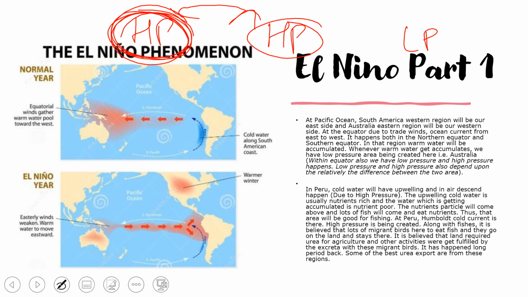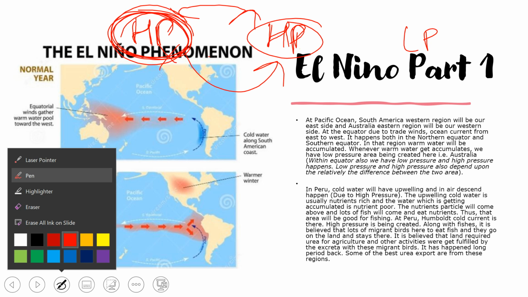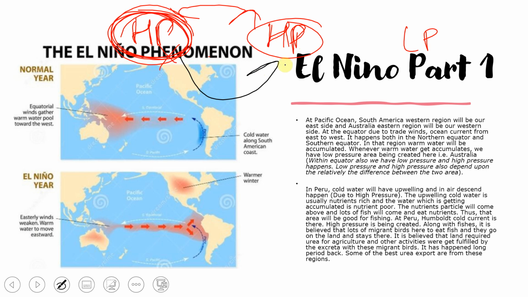So what happens? The pressure gradient force has been reduced. It is not that this is high pressure and this is also high pressure equally. Compared with this high pressure, this is a low pressure only, but the intensity will be low.